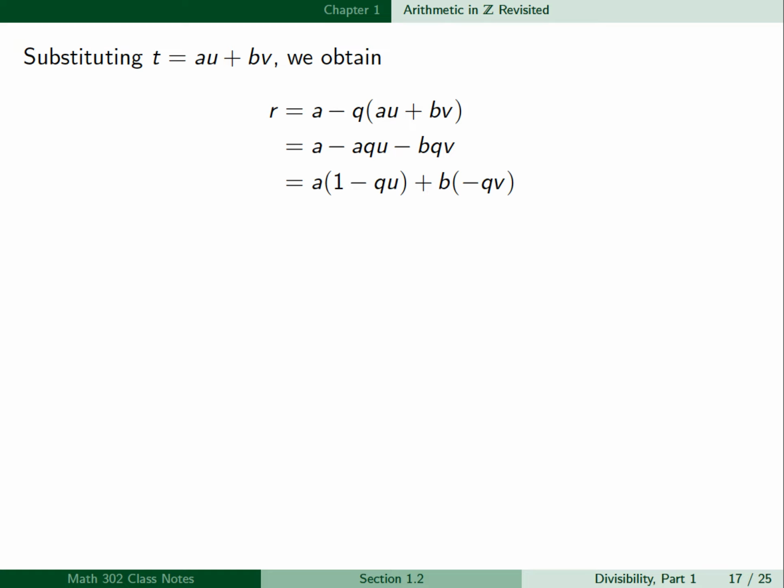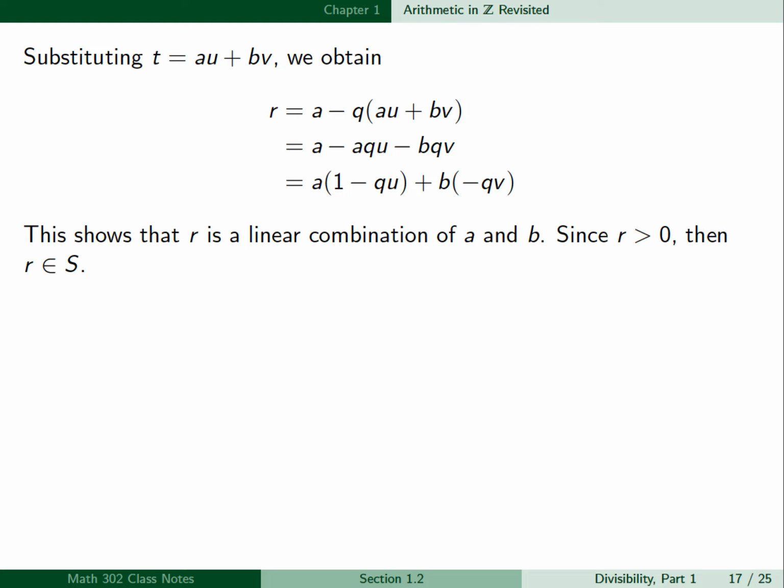And grouping the minus sign in the third term with the qv, we get b times minus qv. Now, this shows that r is a linear combination of a and b. So r is equal to a times (1 minus qu) plus b times (minus qv).